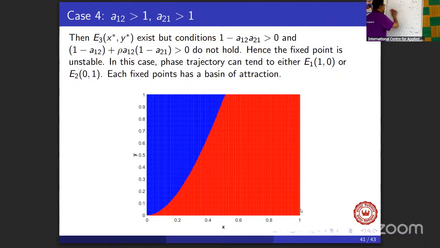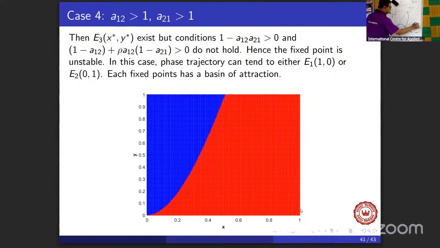What will happen in the continuous model system? We can see this is the population x, this is the population y. We get E0, (0, 0), E1, (1, 0), E2, (0, 1), and E3. At E0, (0, 0), you get a saddle. If we consider the initial point here, this equilibrium is unstable and goes to the point.